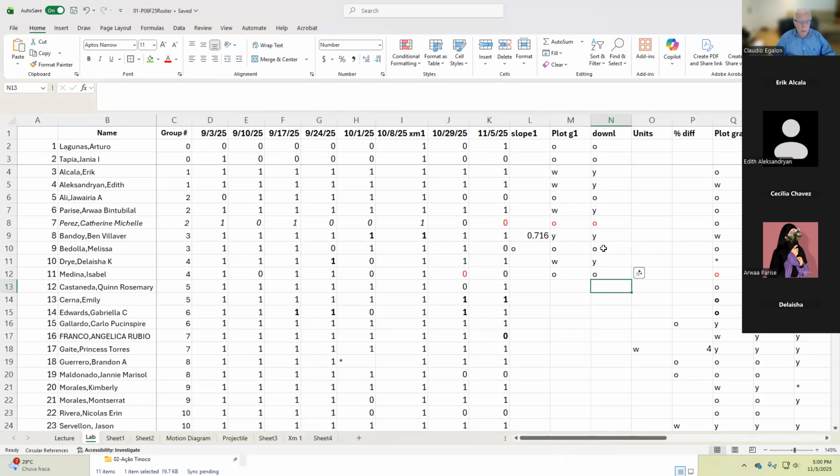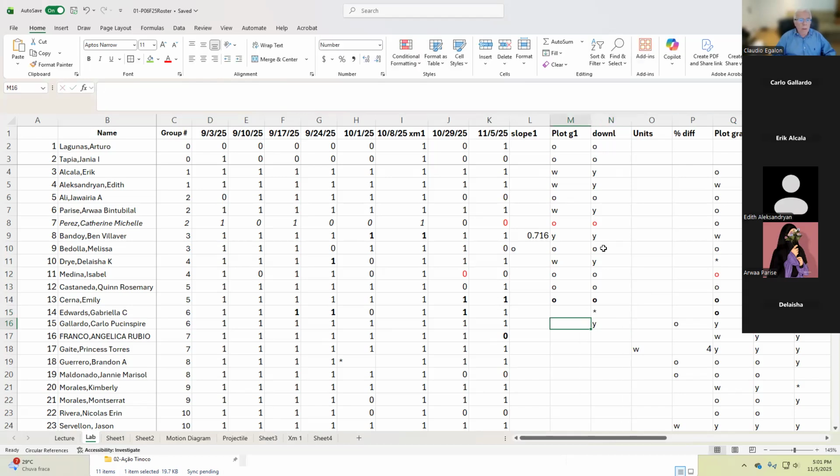I don't see her. Next, Emily Serna. I don't see Emily either. Next, Gabriela. Did you download your spreadsheet, Gabriela? Waiting for Gabriela to answer. It looks like she's away from her computer. Let me put just a star here under her name. And let's go for Carlo Gallardo. Did you download your spreadsheet, Carlo?